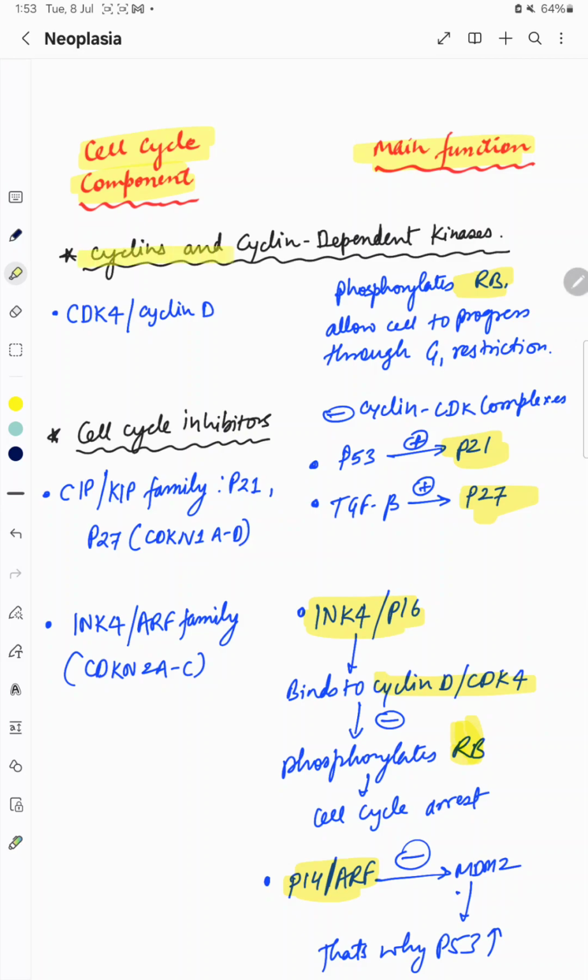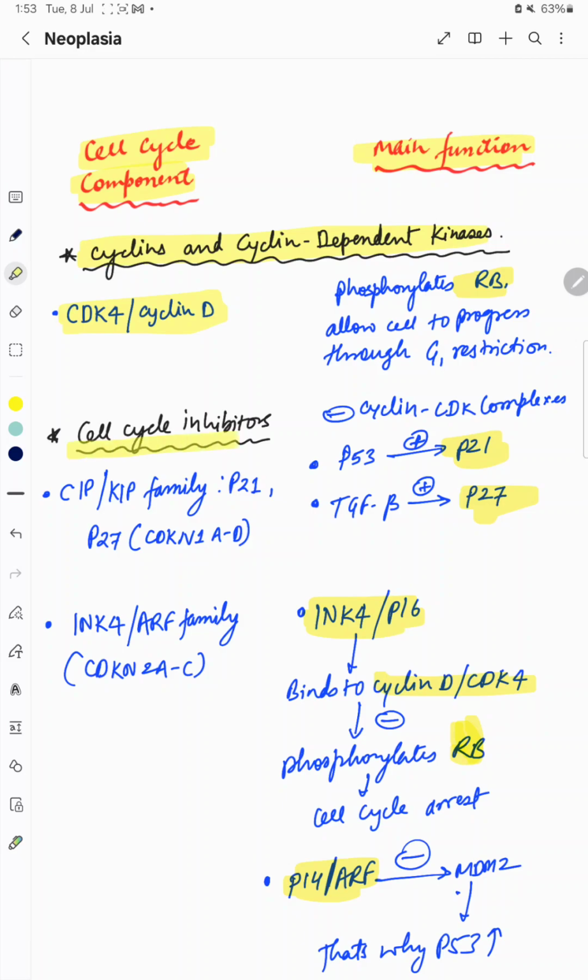First is cyclins and cyclin dependent kinases, for example CDK4 and cyclin D. They phosphorylate the RB gene and thus inactivate the RB gene and allow the cell to progress through the G1/S restriction point, which will result in cell proliferation.